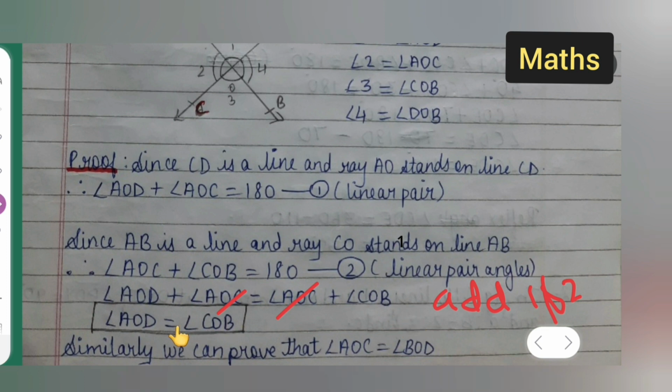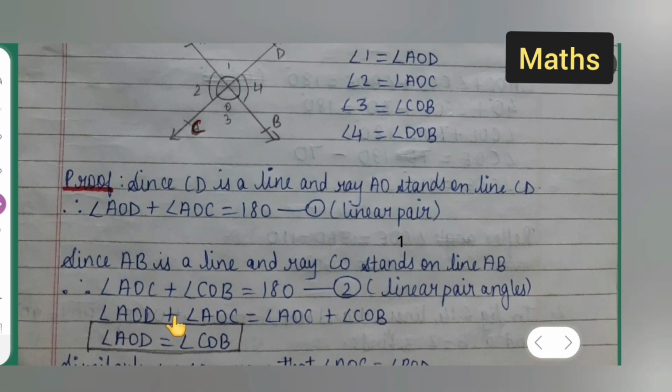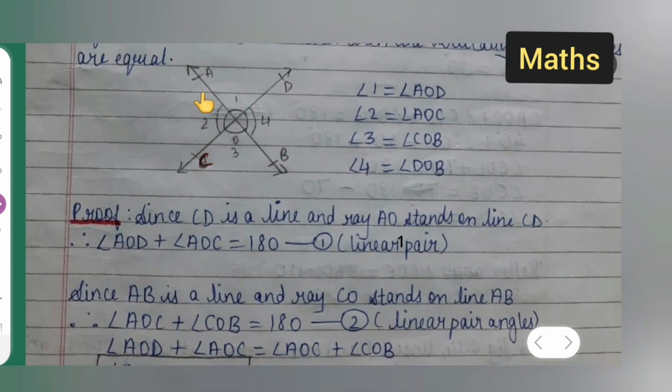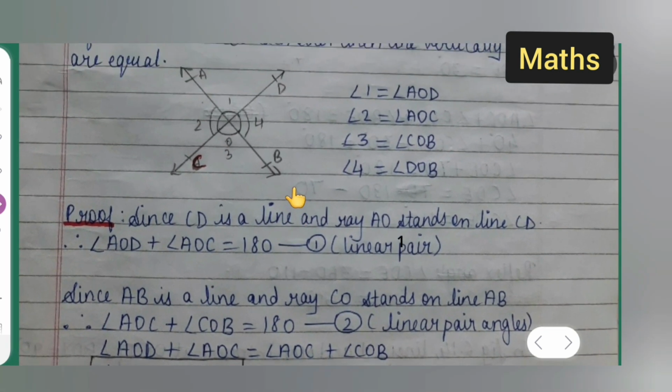Similarly, we can prove that angle AOC is equal to angle BOD. So basically, I have proved that angle AOD is equal to angle COB. Similarly, you all can prove that angle AOC is equal to angle DOB.